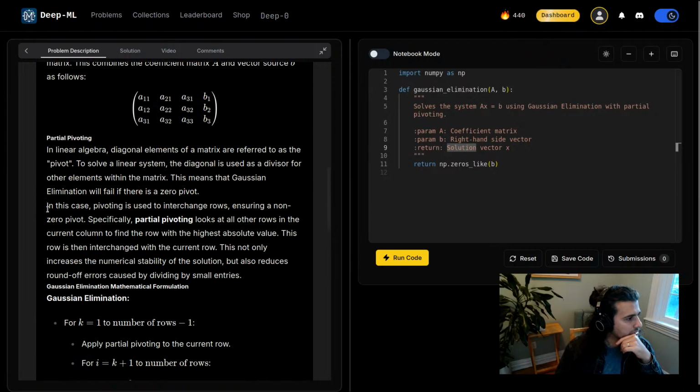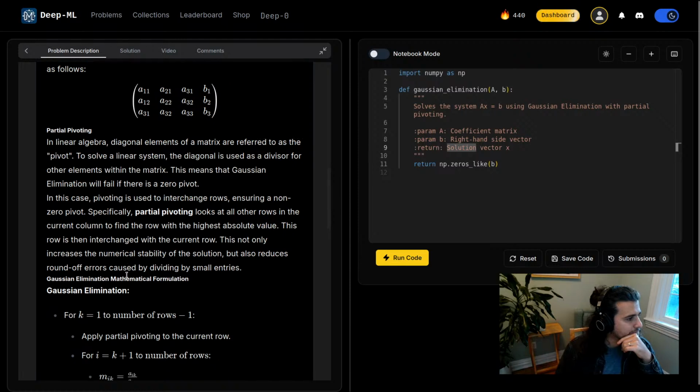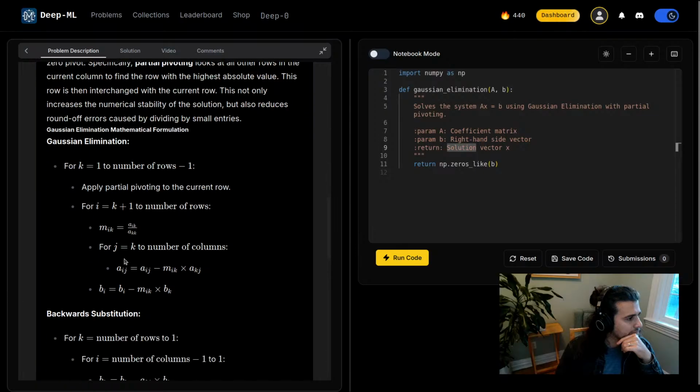Okay. Interchange rows, ensuring a non-zero pivot. Okay, right. But this is not the same algorithm that I've been doing last time. Apply partial pivoting to the current row.